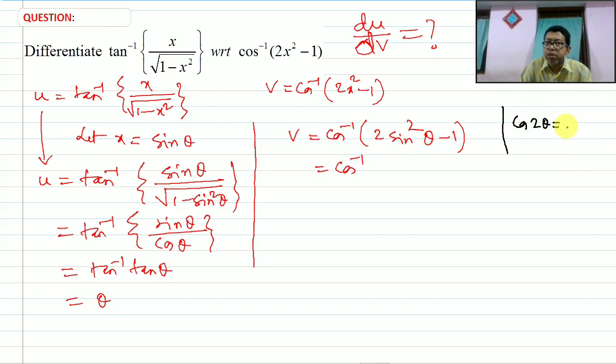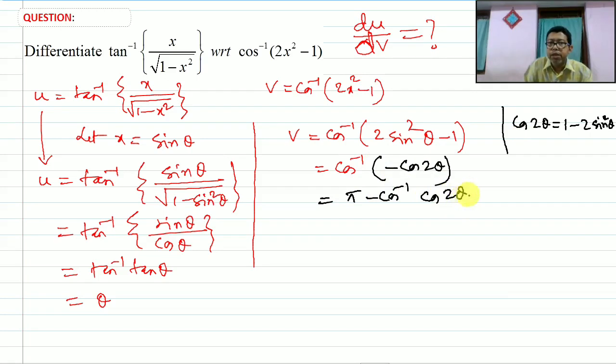What is cos of 2 theta? Cos 2 theta is equal to 1 minus 2 sine square theta. So 2 sine square theta minus 1 is equal to minus cos 2 theta. Now you know this one, cos inverse of minus cos 2 theta is nothing but pi minus cos inverse of cos of twice theta, so it is pi minus twice theta.